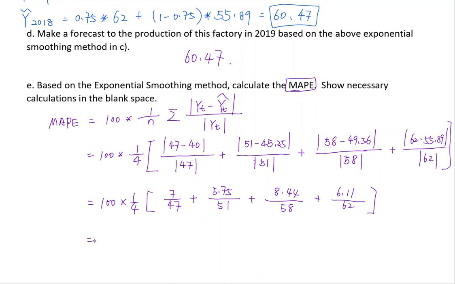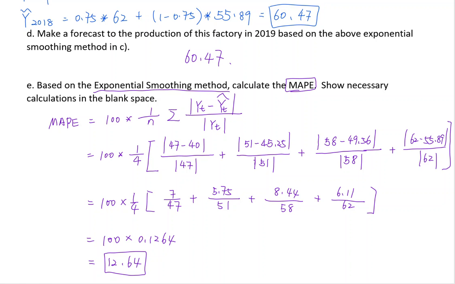If you calculate this, you will get 100 times 0.1264, so we will have 12.64. So this is the MAPE for the exponential smoothing method.